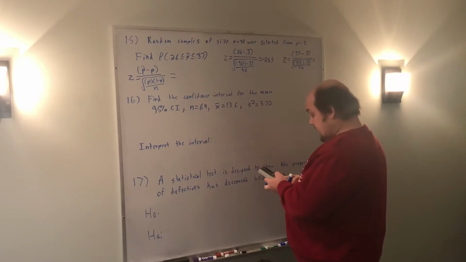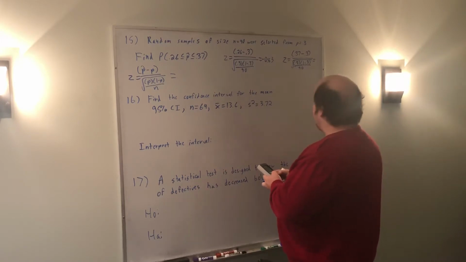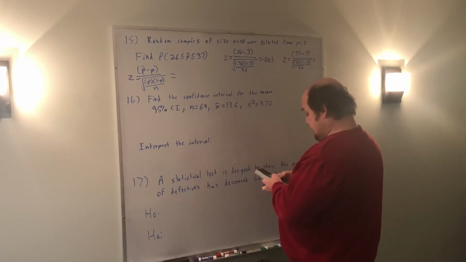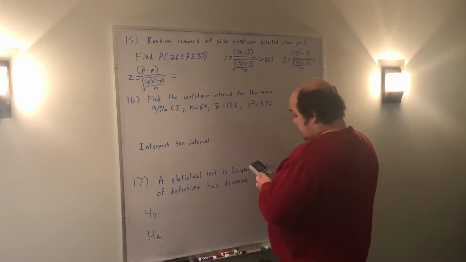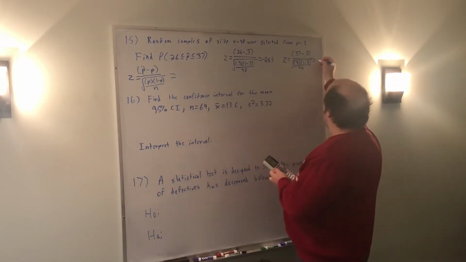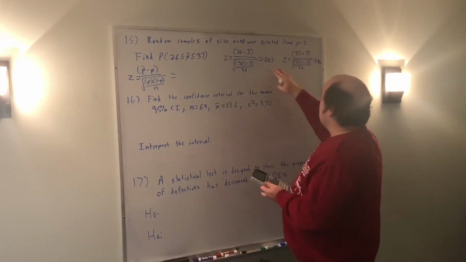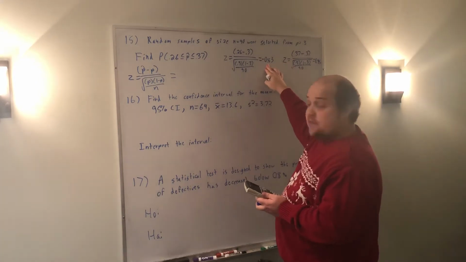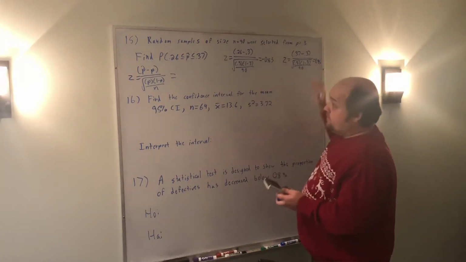I then do the same, except now I change my 0.26 to 0.37. When I do that, I get a z-score of 1.449, which I'm going to call 1.45. So here it's negative 0.83, here it's 1.45.